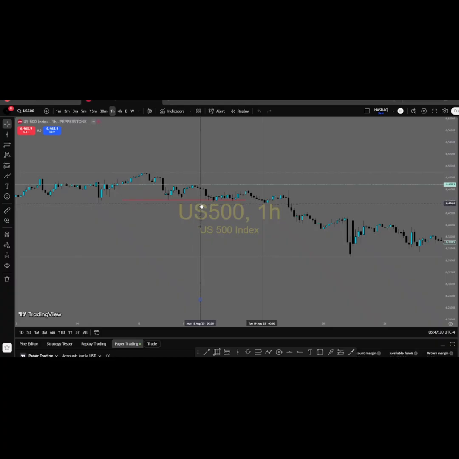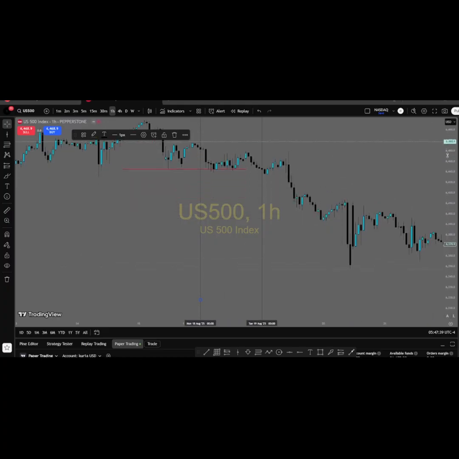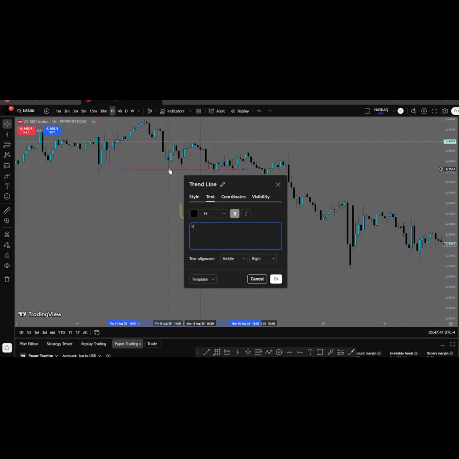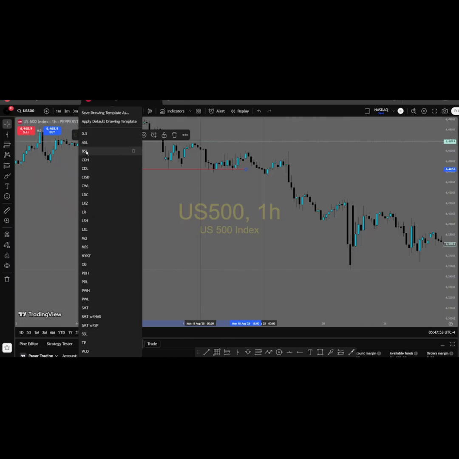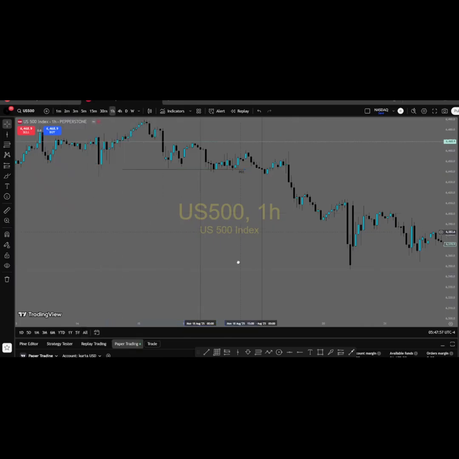I'll just move it right there. So this was marking Friday's low, right? So let's just label it as previous day low, which will be Friday's low. Friday's low had been tagged. That is the previous day low.